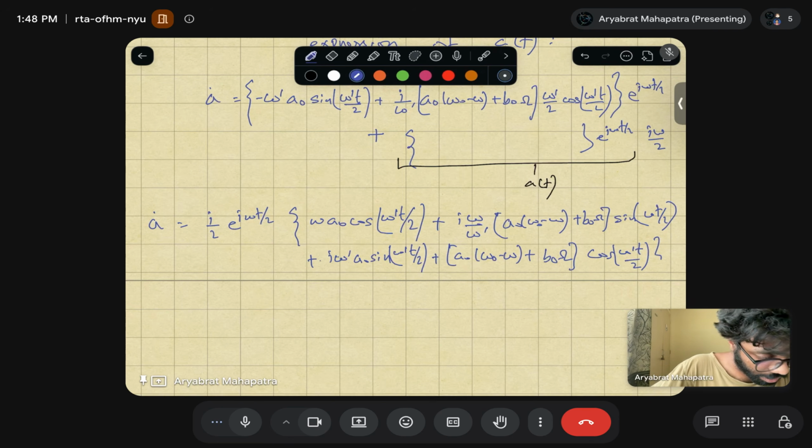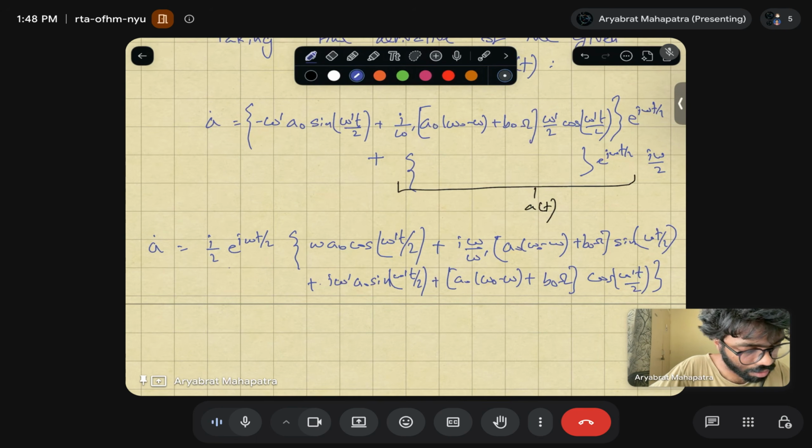Anywhere, if you lost somewhere or something is not clear, please let me know. It's just simply that I have taken the overall factor of exponential, and inside it there are three terms.